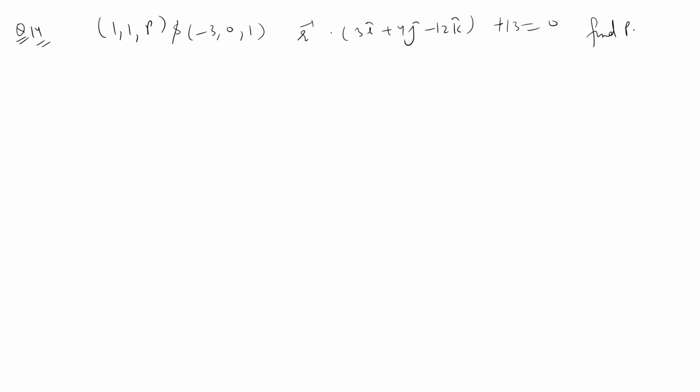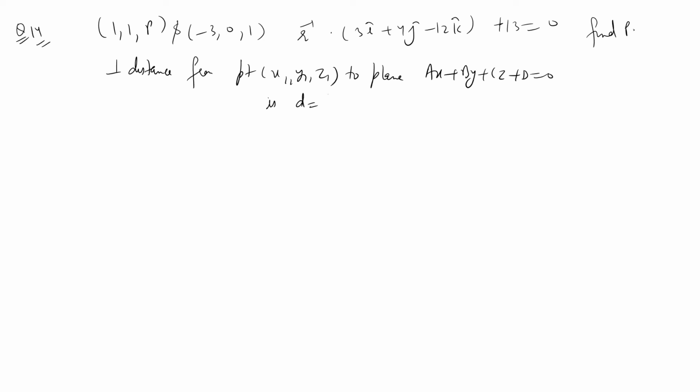You already know that the perpendicular distance from a point x1, y1, z1 to the plane ax plus by plus cz plus t equal to 0 is given by ax1 plus by1 plus cz1 plus t upon under root a square plus b square plus c square.